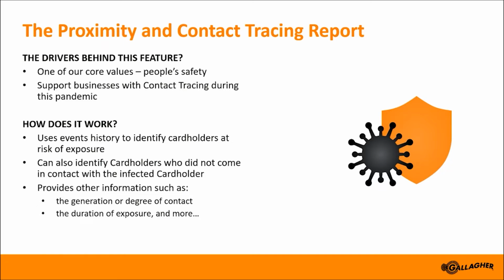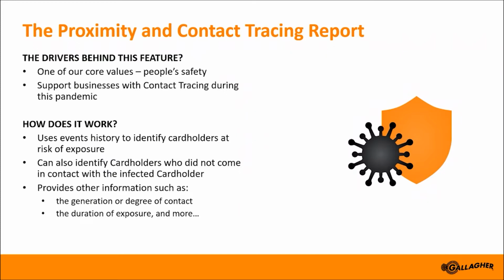As the COVID-19 situation improves and businesses return to operation at some capacity, businesses will need to follow strict safety guidelines, including contact tracing, to ensure operation safety and business continuity.